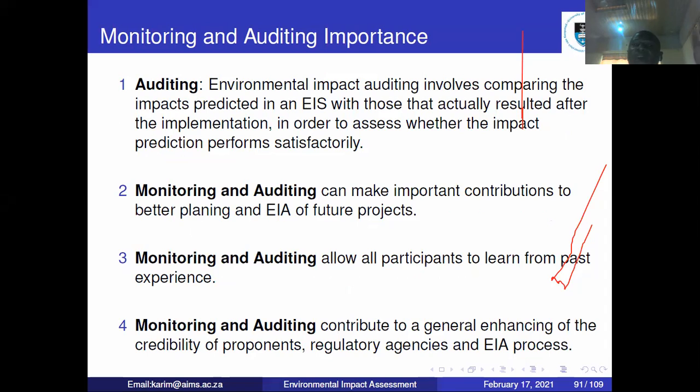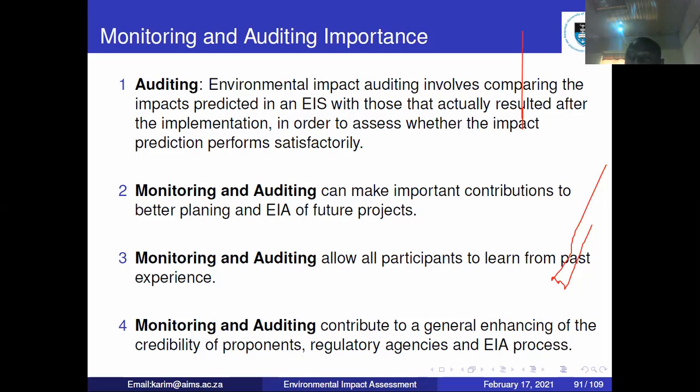So environmental auditing, or environmental impact auditing, involves comparing the impacts predicted. So you predicted impacts when you were writing your environmental impact statement. So you want to compare the predicted impacts with those that actually resulted after implementation. So you say, okay, if I start this project, this is the level of impact it's going to have on the environment.